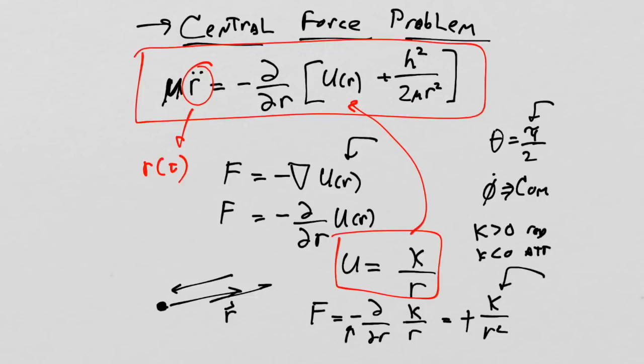So if we have just empty space, and we arbitrarily pick a spot in empty space and call that the center of our coordinate system, and we set U_R equal to 0, there will still be a force acting on R. And let's make sure we understand that.